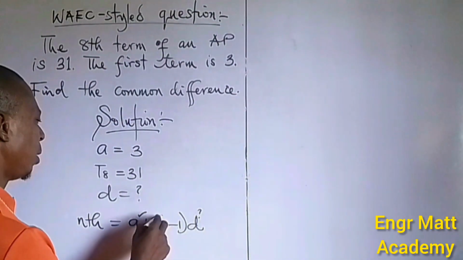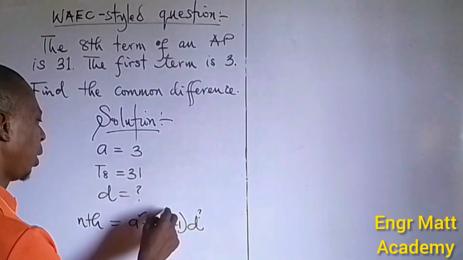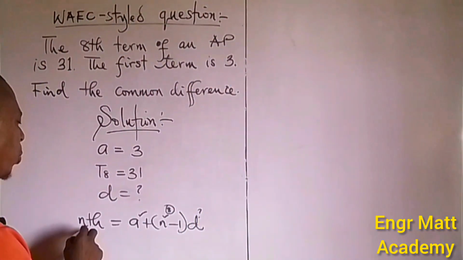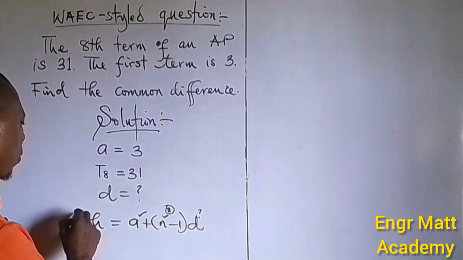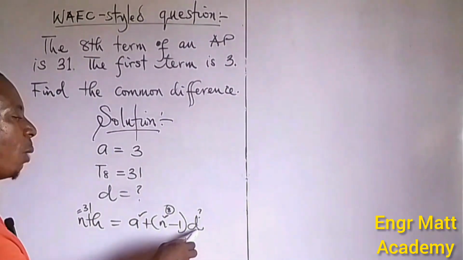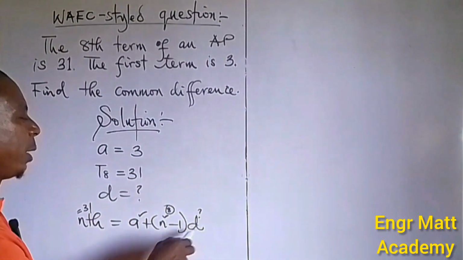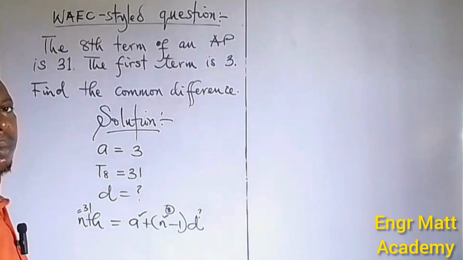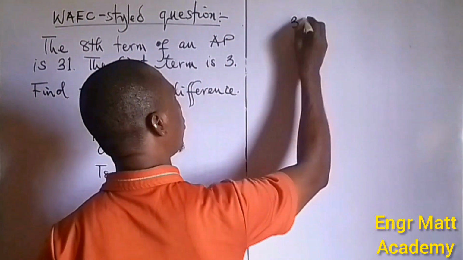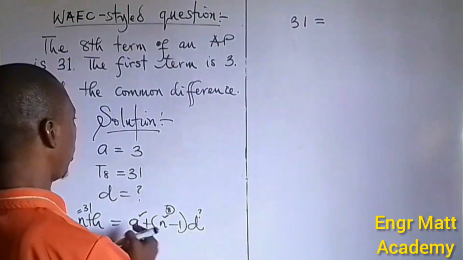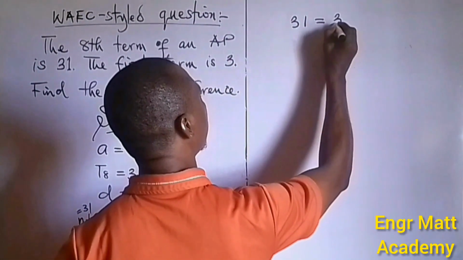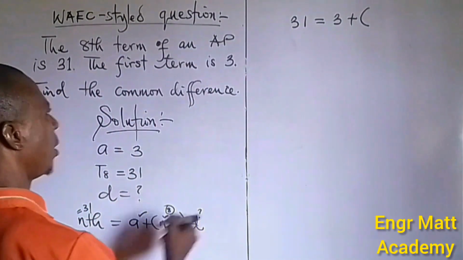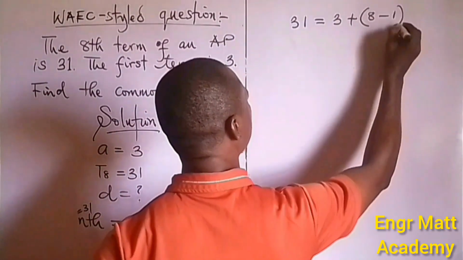So n is in the 8th position, n is 8. And what is in the 8th position? 31. Since we have only one unknown, we can now find the common difference. So we say 31 is equal to a, a is 3, plus n is 8 minus 1 times d.